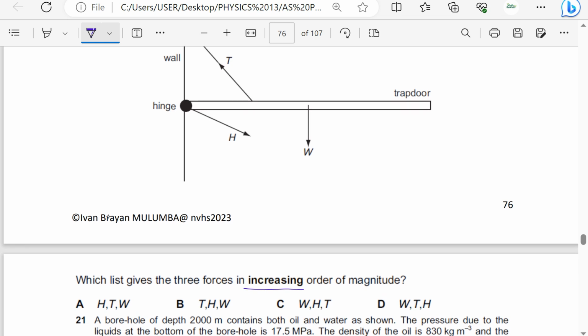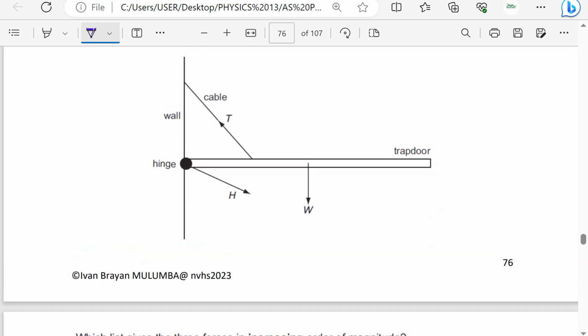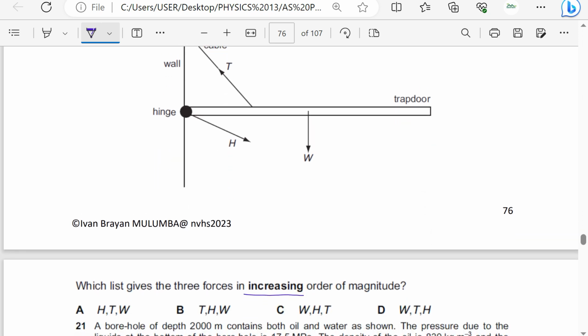Of course, the weight will not change. If we look at the length of these vectors, which list gives the three forces in increasing order of magnitude?